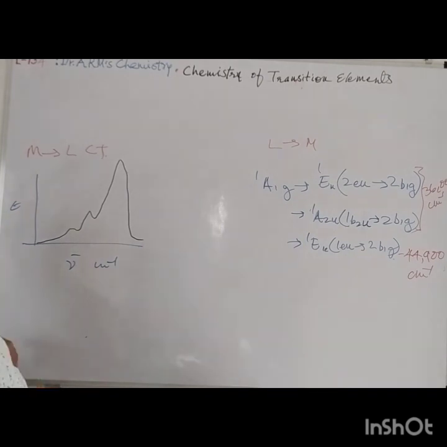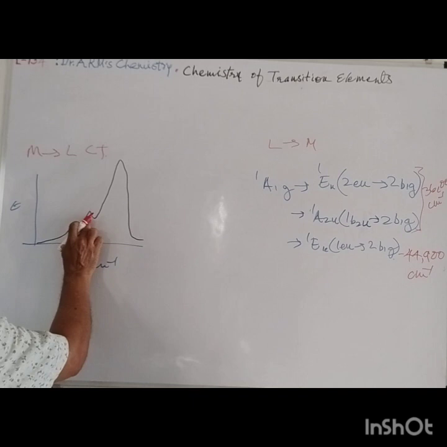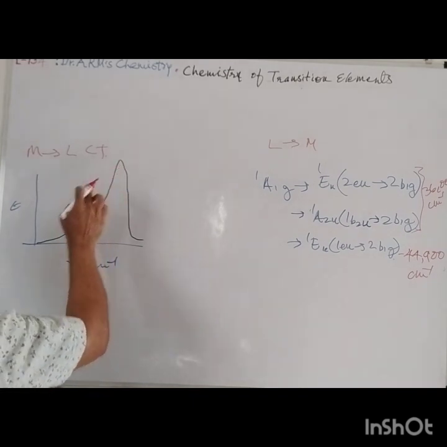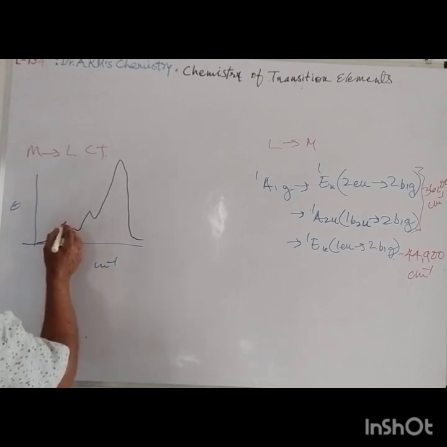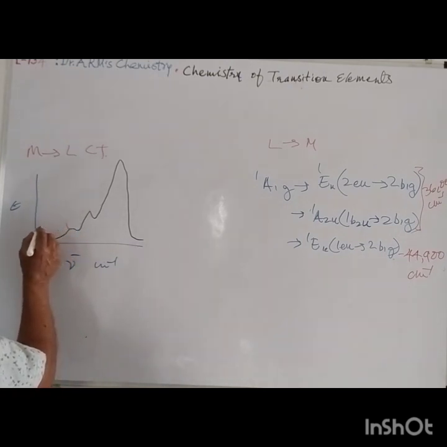There are bands. This is very small, this is relatively larger, and this is the very strong band.